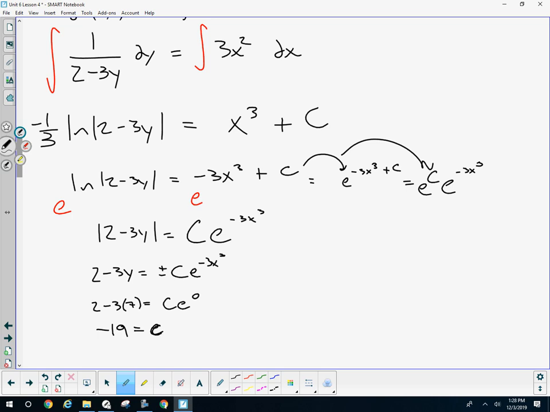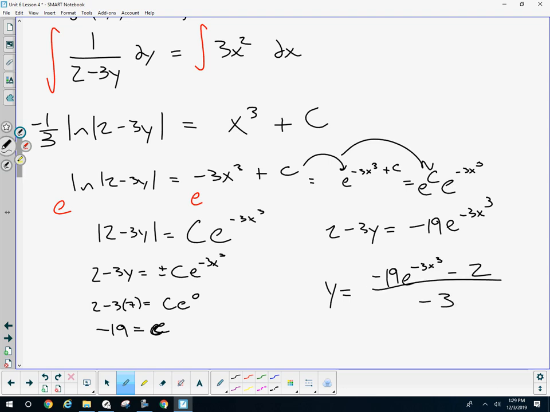That's equal to C. So I end up with 2 minus 3y equals negative 19 e to the negative 3x cubed. Subtract 2, divide by negative 3. Probably factor out a negative 1 on the top and bottom and make everything positive, but it doesn't really matter. Okay?